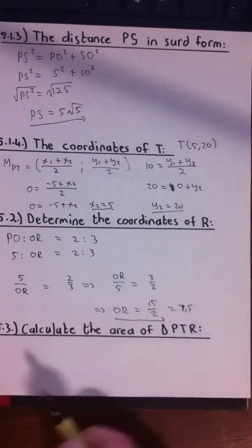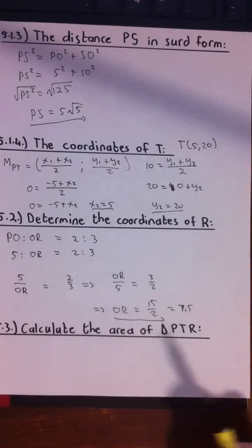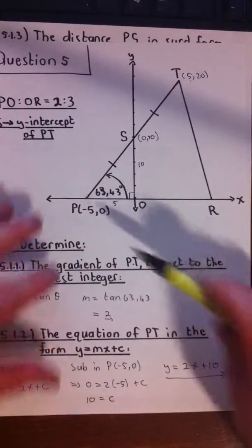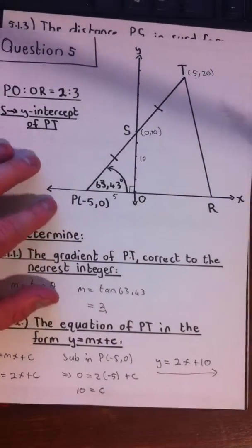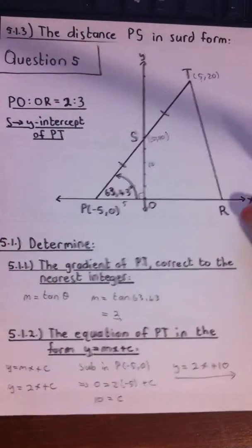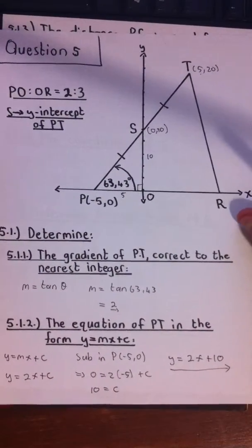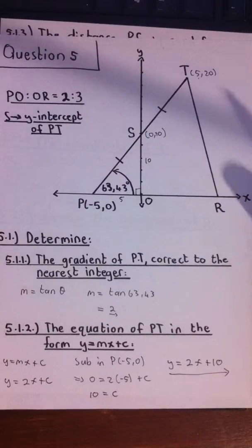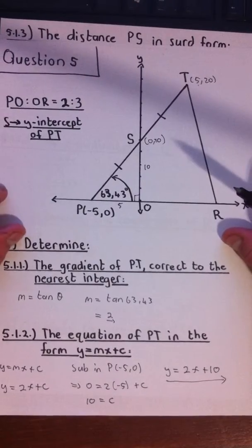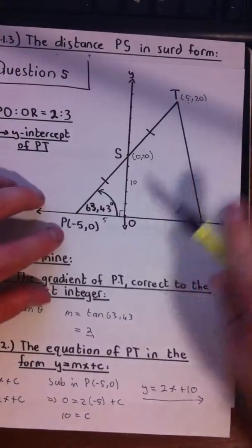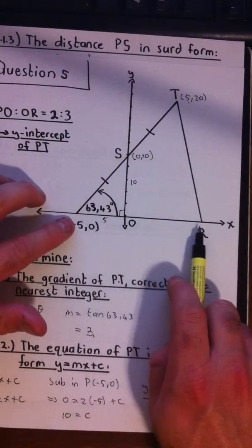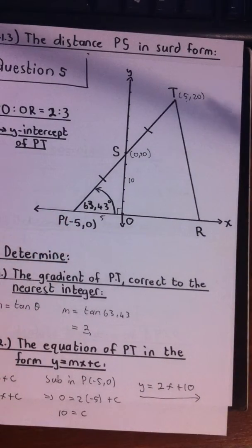And finally, calculate the area of triangle PTR. So that's the big one here, PTR. What is the formula for calculating the area of a triangle? Well, the easiest one is half times base times perpendicular height. Let's see if we can apply that here. Well, we know the distance of the base, but do we know the height?